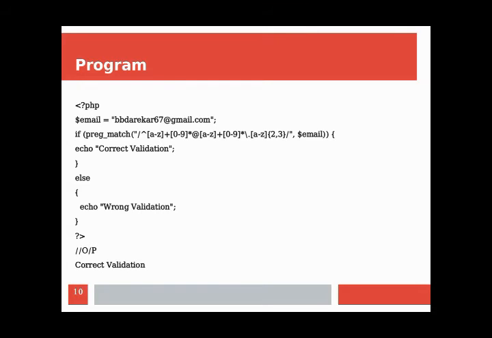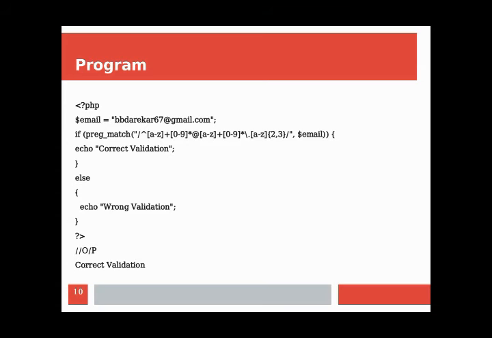Then @; after the @ it will check again, that's why star is given. Then after the @ symbol it checks whether it is between small a to z and between 0-9. After that the dot is there, that's why in the syntax also dot is given. Then again a to z, then 2,3, so .com or .in, whatever it may be, that means small a to z, 2 or 3 characters, are given or not.